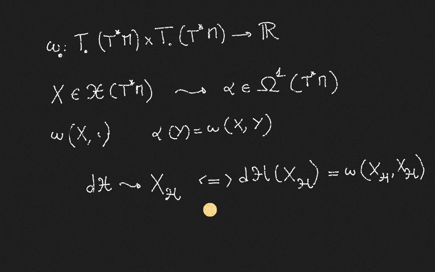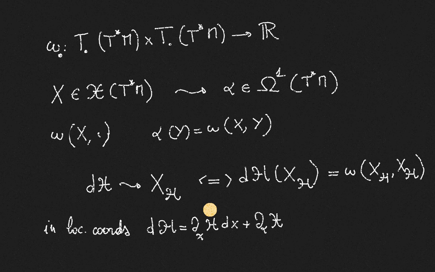But in local coordinates, dh is the space derivatives of h times dx plus the momental derivatives of h times d alpha. I'm writing this meaning the partial derivative in xi times dxi, plus the partial derivative in alpha i times d alpha i, etc.